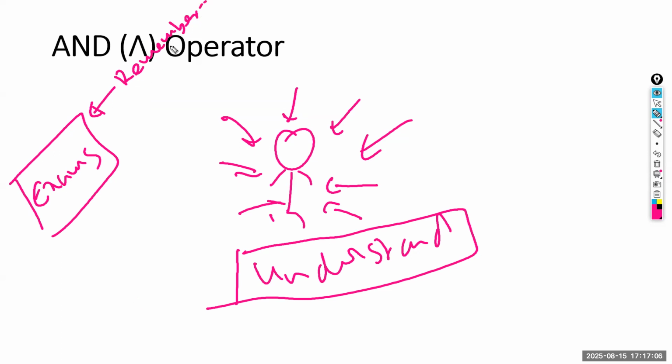For example, in the O-level exam, they will ask, what is the capital of Germany? What are the important parts of the digestive system? Remember.